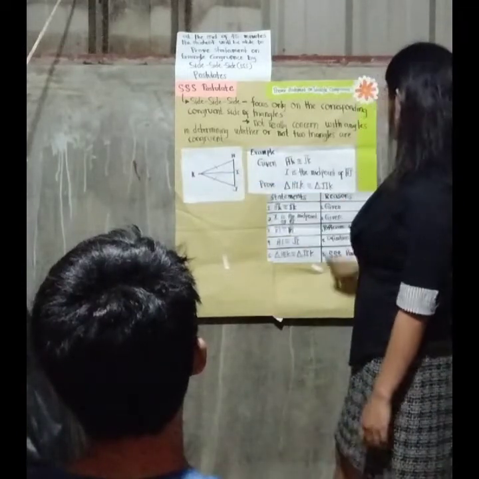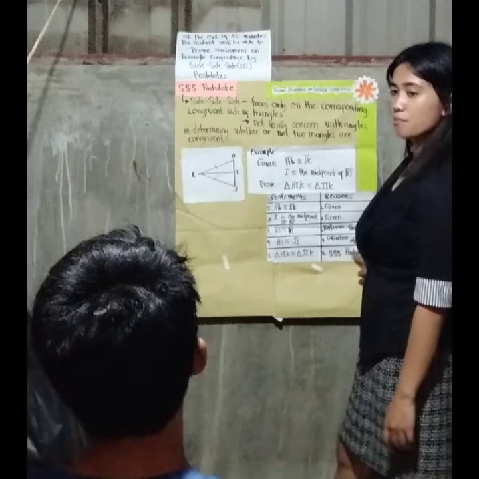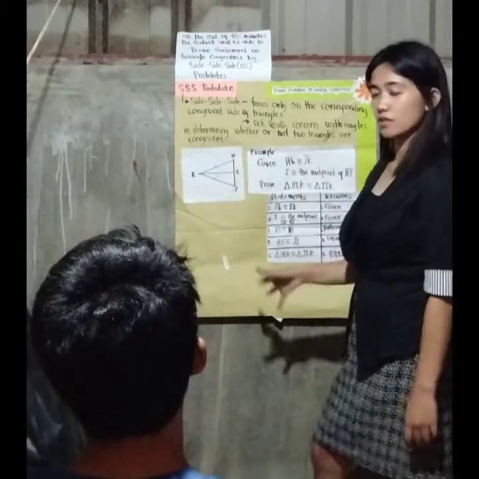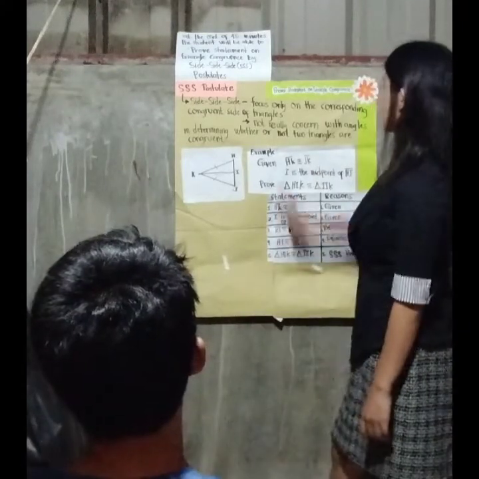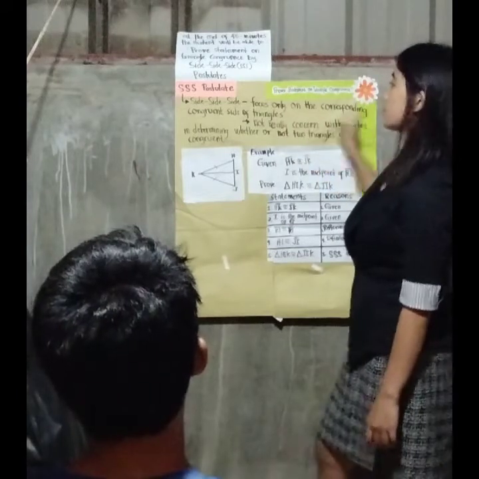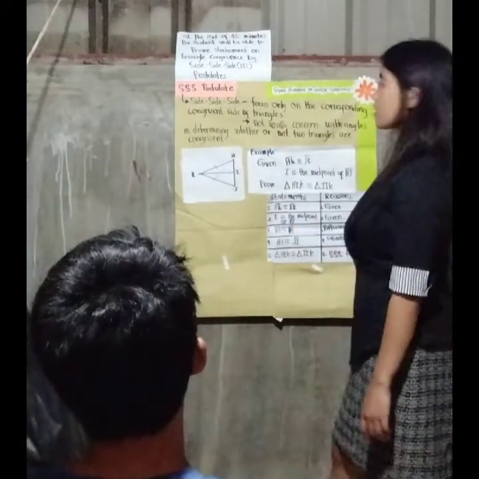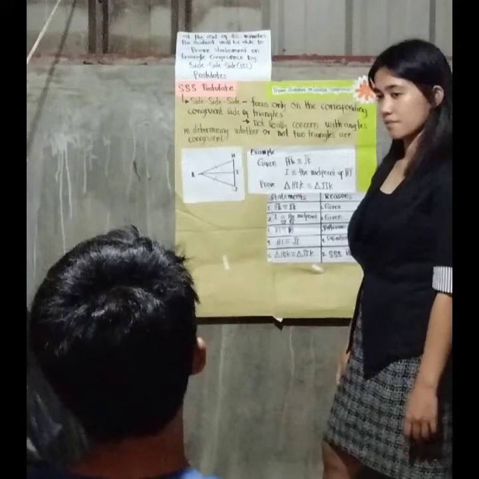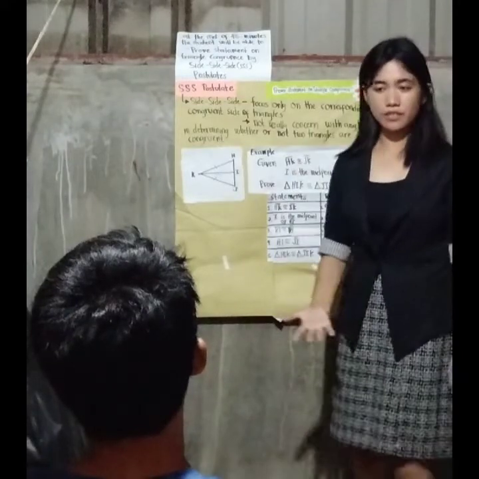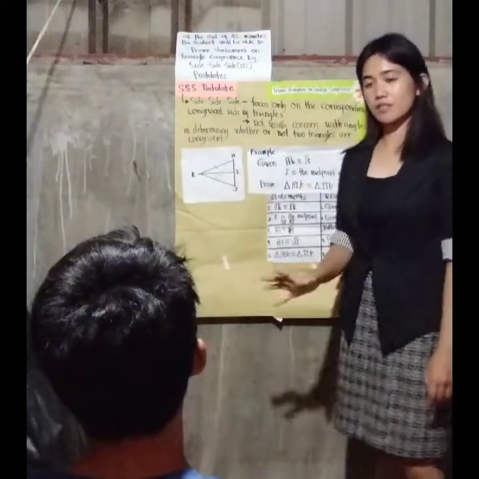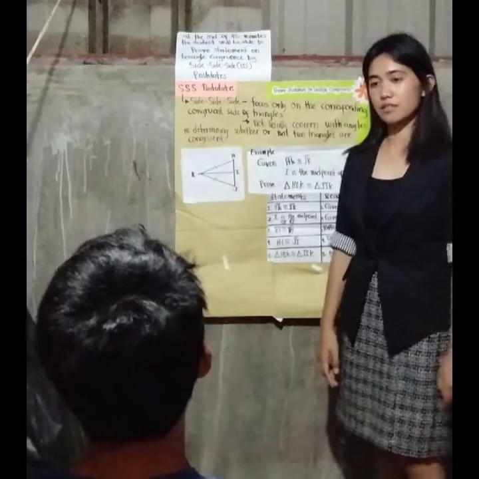And it is the SSS postulate because the definition of the SSS postulate is focused only on the corresponding congruent sides of the triangles. So any clarifications, questions on my discussion?